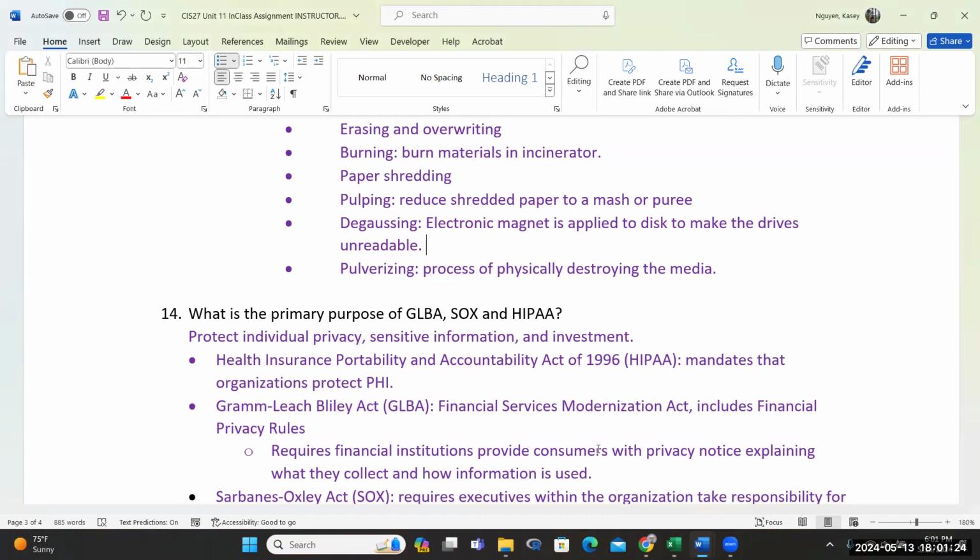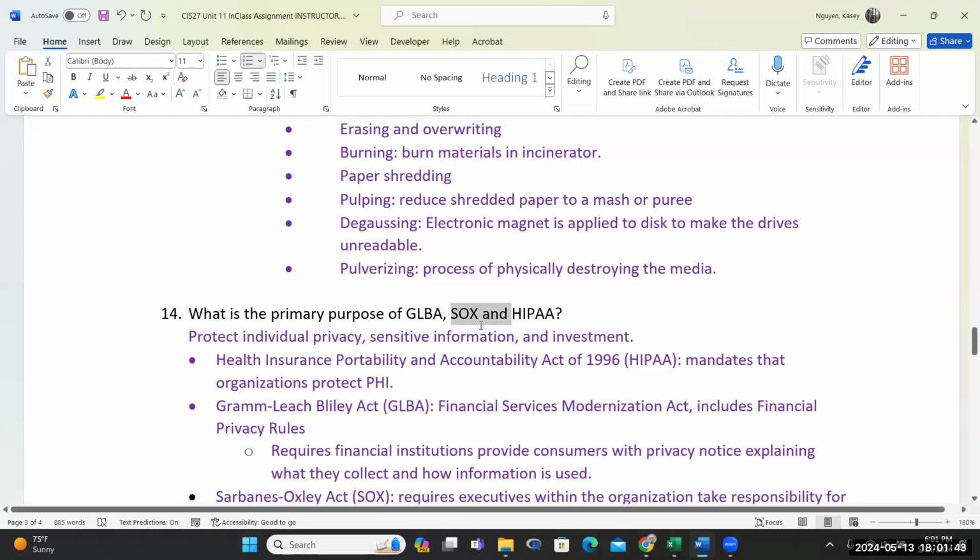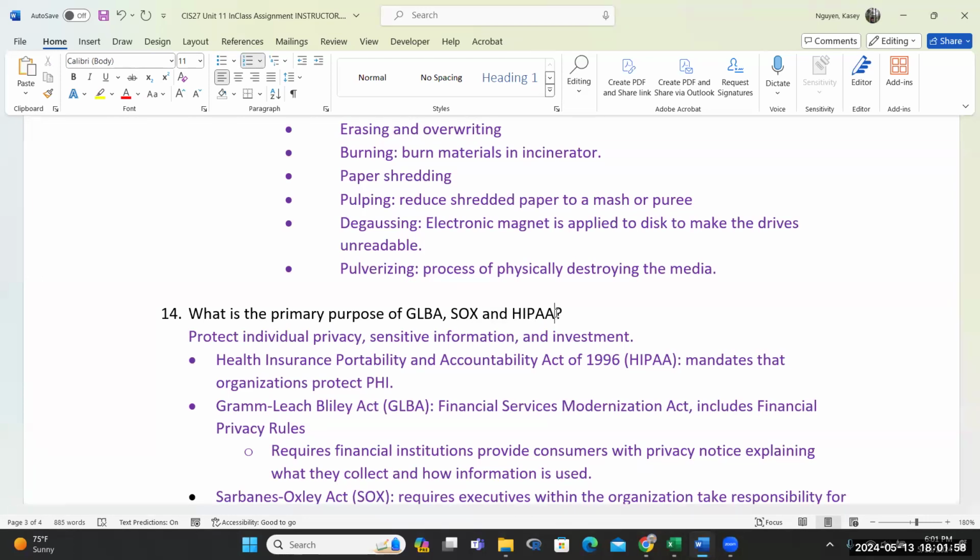Okay. So these are the compliance bodies that you see for certain types of industry: GLBA, Gramm-Leach-Bliley Act, SOX, and HIPAA. I think we're familiar with some of these. SOX is for companies that are publicly traded in the market, Wall Street. HIPAA is for healthcare providers or any entity that has healthcare information, including a school like this.